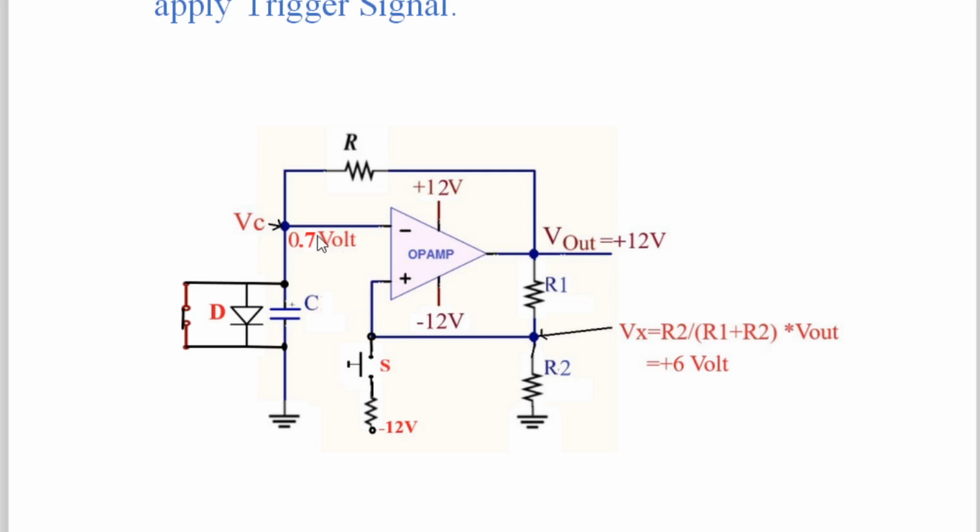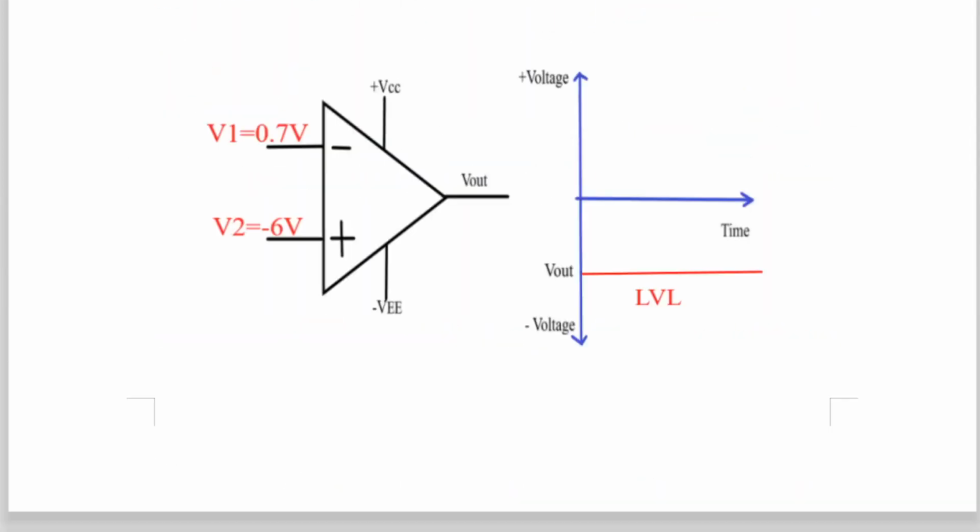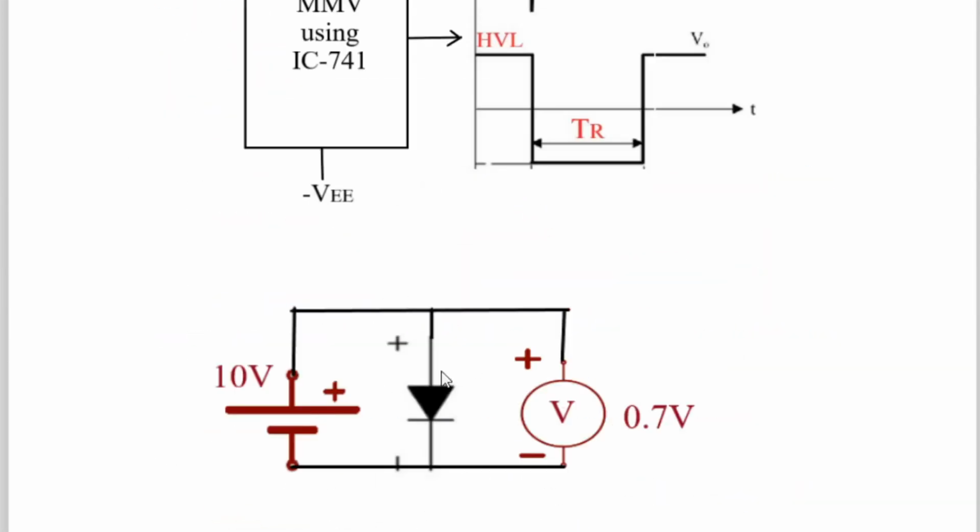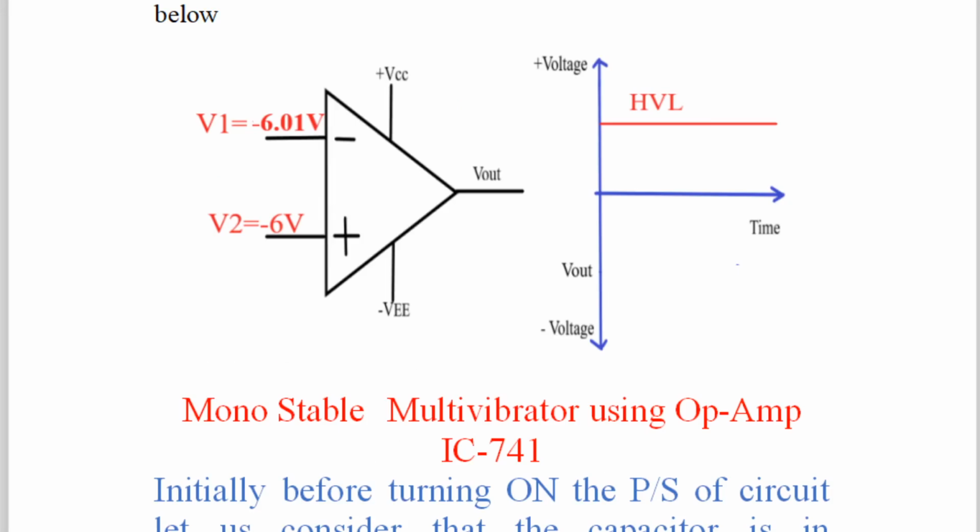Now we'll come to this part. Why is there 0.7 volt? It is very simple, because I have explained the circuit called the diode. You apply any voltage across the diode which is greater than its knee voltage, 10 volt, 12 volt, and the voltage across the diode will always be 0.7 volt, and that is what is happening here.